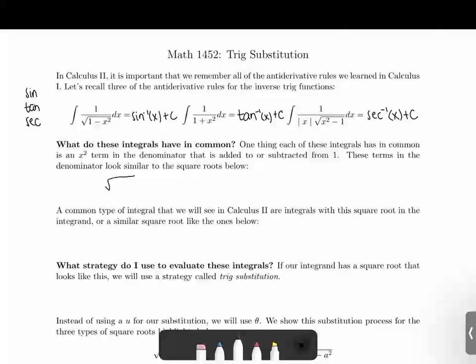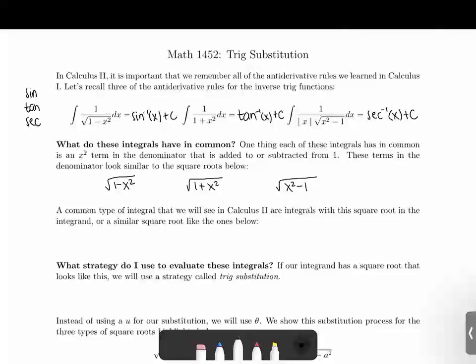The first one is the square root of 1 minus x squared, which is the same denominator as inverse sine. The next one is the square root of 1 plus x squared, where that 1 plus x squared looks similar to inverse tangent. And our last one is the square root of x squared minus 1, which is the square root from inverse secant.